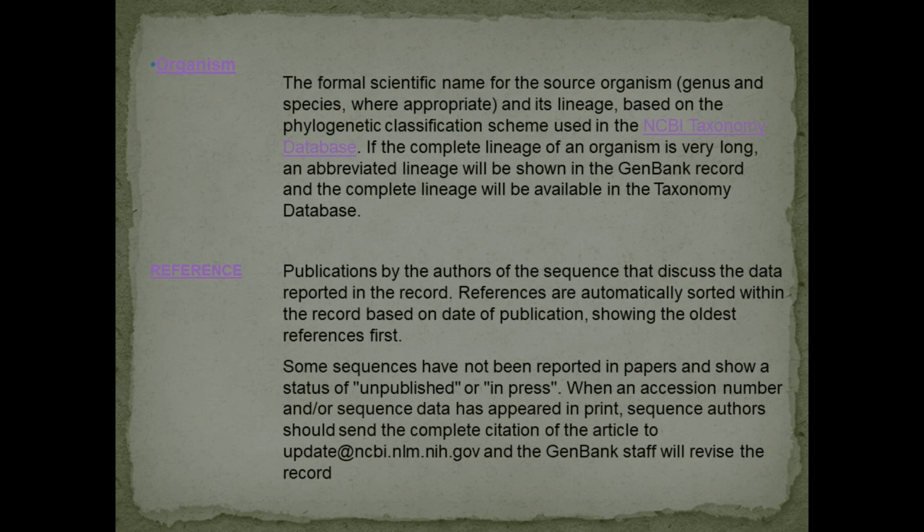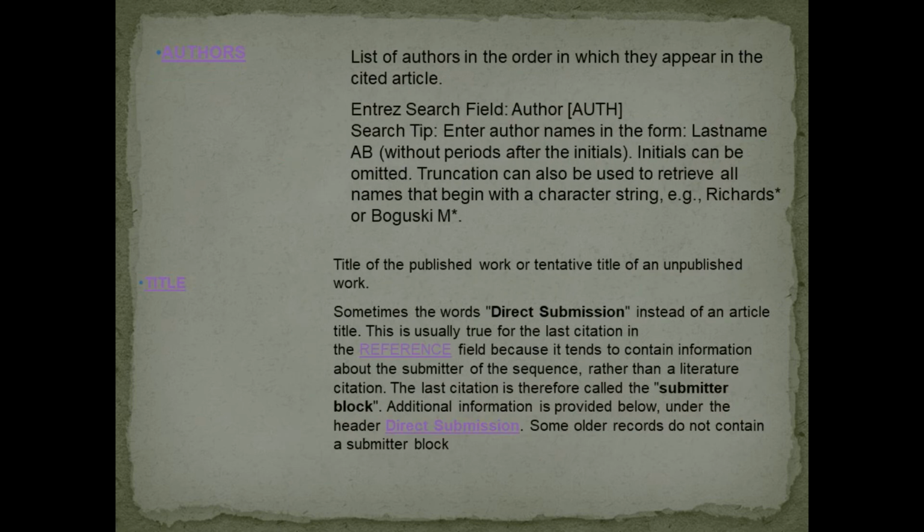When an accession number and the sequence data have appeared in print, the sequence author should send the complete citation of the article for the update to the GenBank address at ncbi.nlm.nih.gov, and GenBank staff will revise the record details.